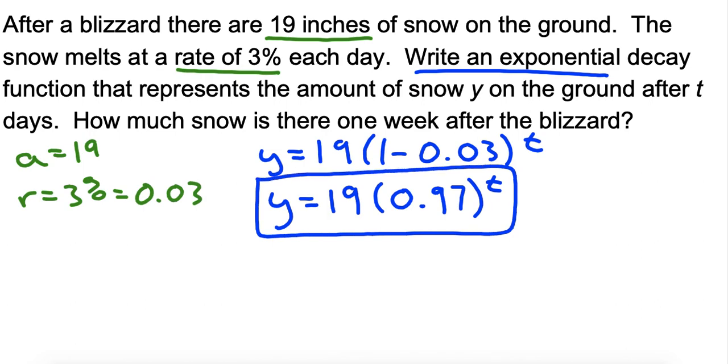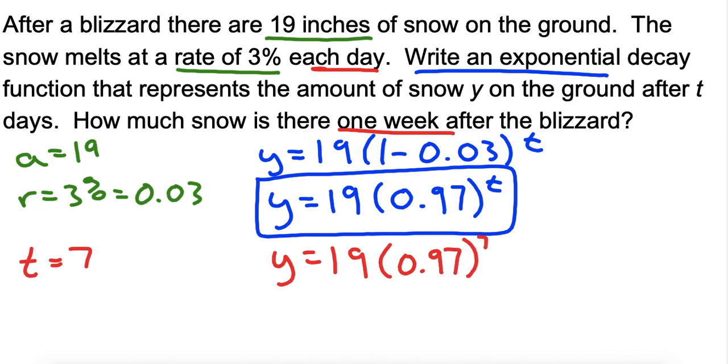Now we want to know how much snow there is 1 week after our blizzard. But our rate was each day, so we really need to convert that week into days. Well, there's 7 days in a week. So we plug in 7 for t.